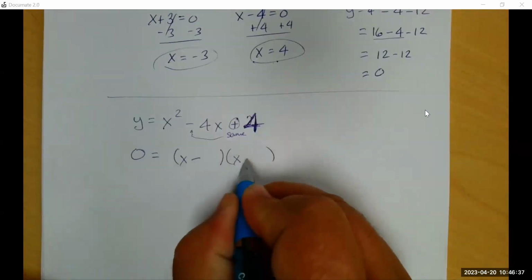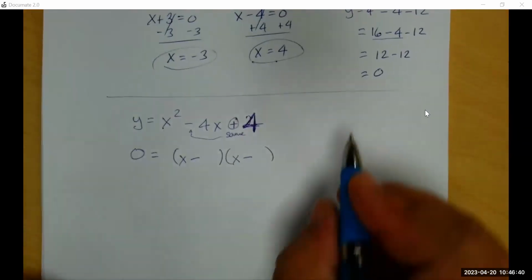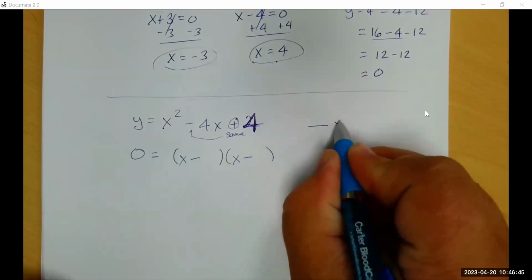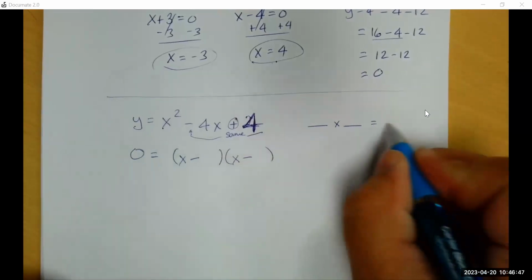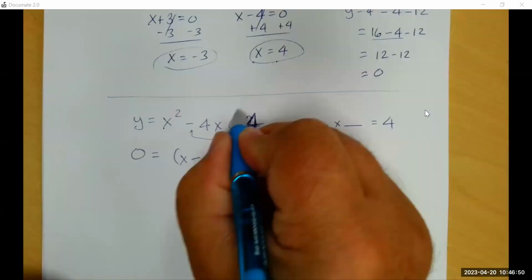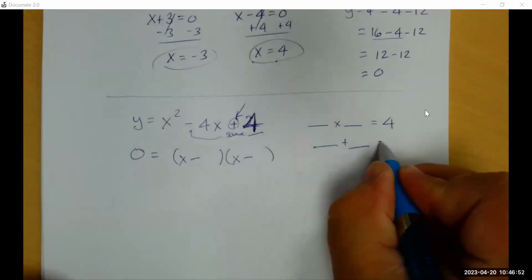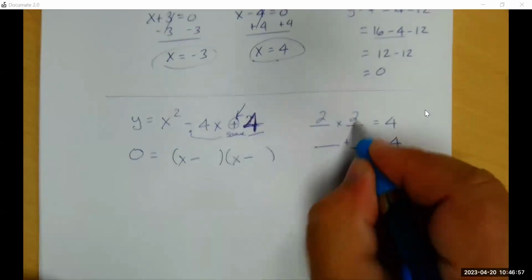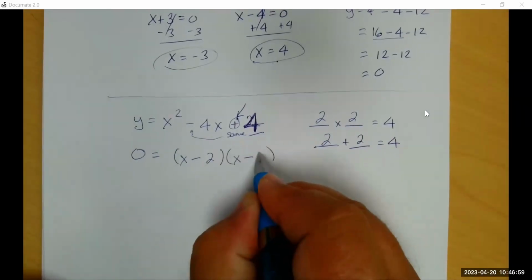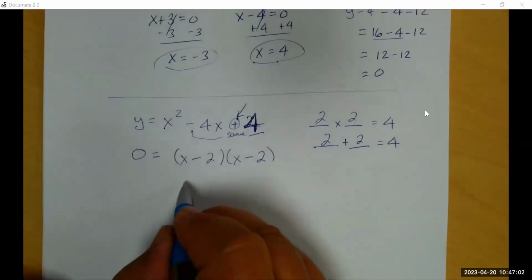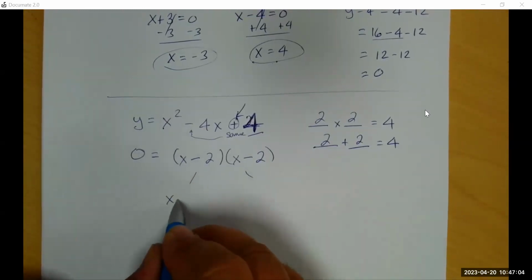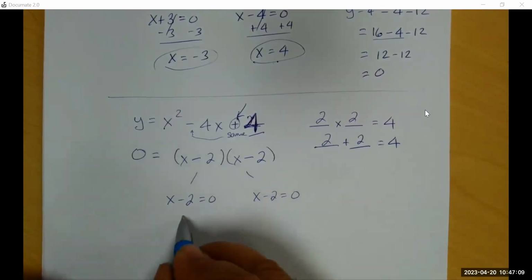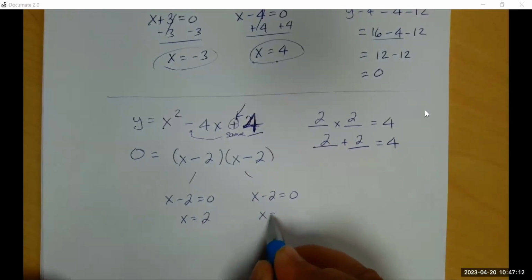They're both minus. So what times what equals 4 that when you add them, you also get 4? 2 times 2, 2 plus 2. Set them both equal to 0, and you get 2.